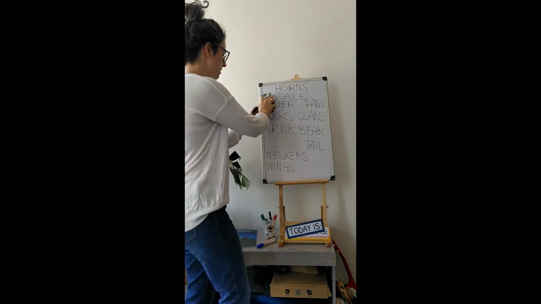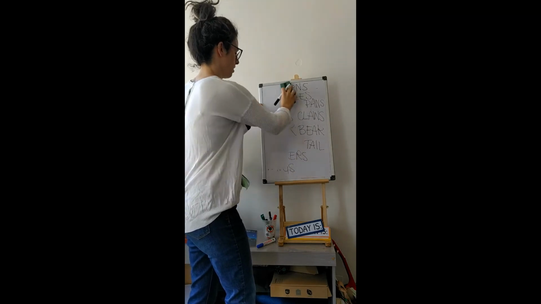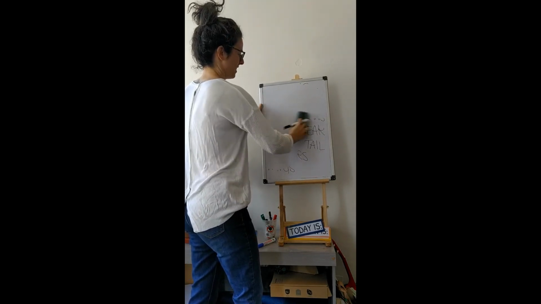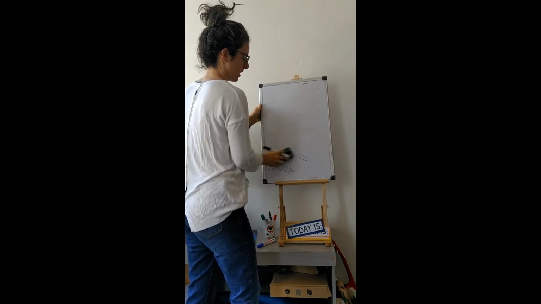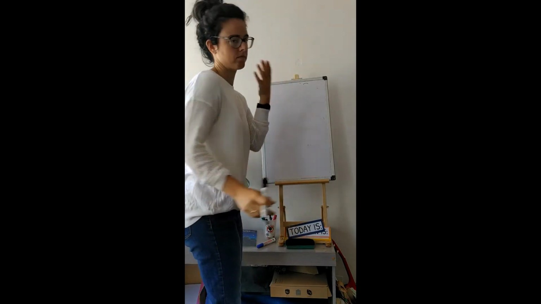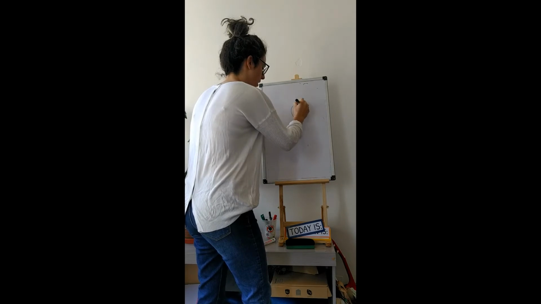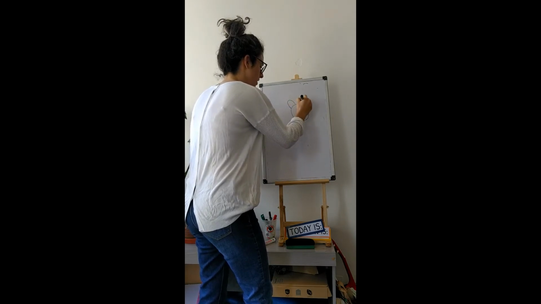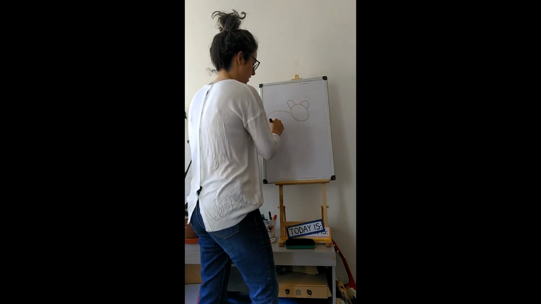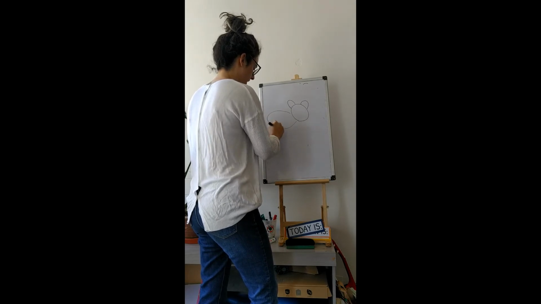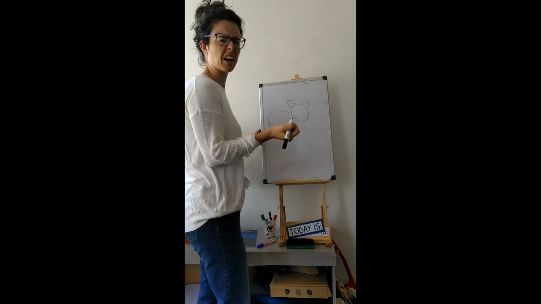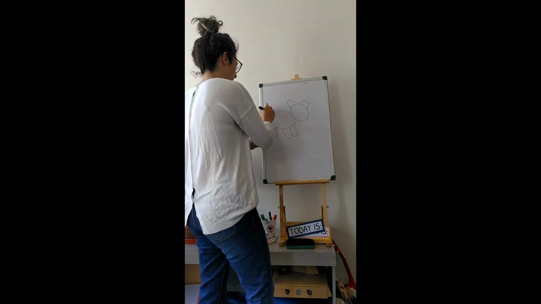So, just like we did, for example, with my cat, this time I'm going to draw a dog. For variation, right? For something different. I'm going to draw my dog with his doggy ears and doggy legs. Maybe it's a bear. We'll make it a bear. How about that? It looks more like a bear.